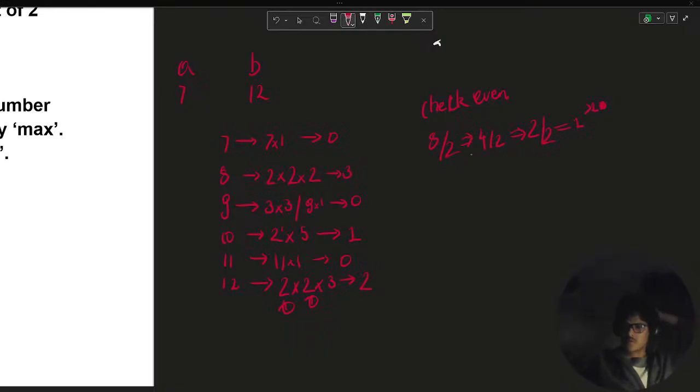Now, what are we checking basically? What about 10? What about 5?